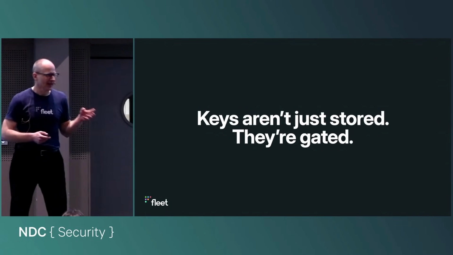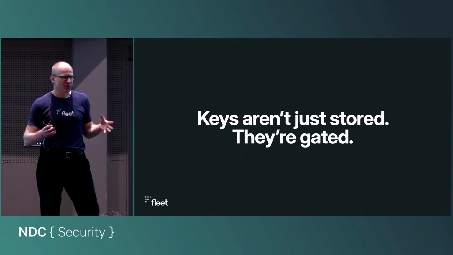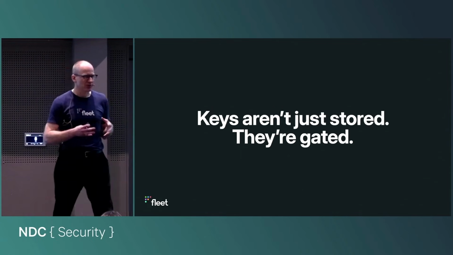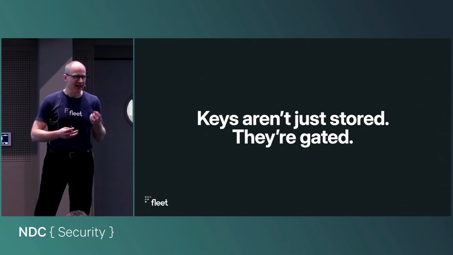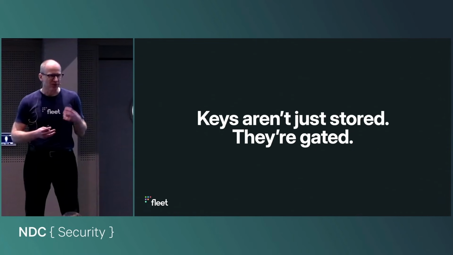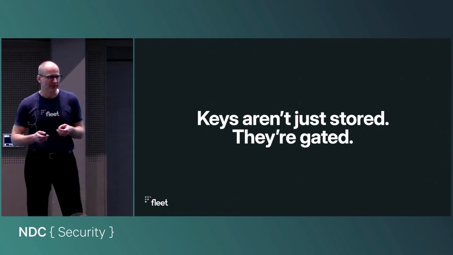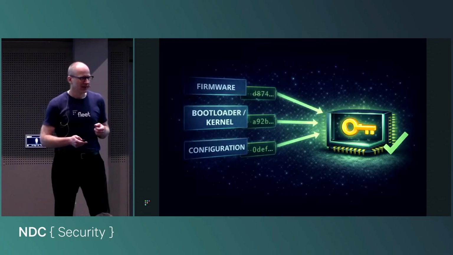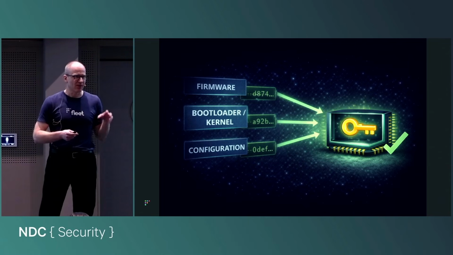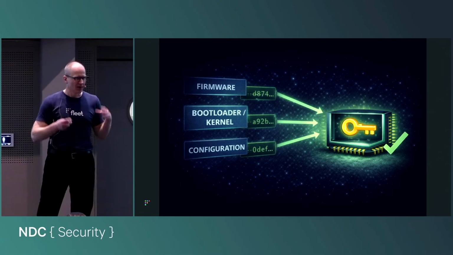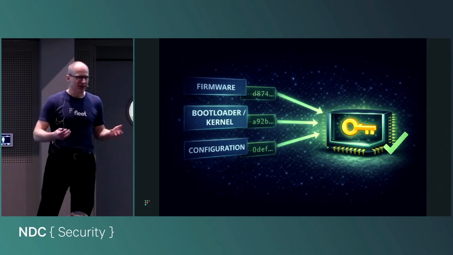Third, sealed and unsealed. Hardware doesn't just hold keys, it controls when they're usable. A key can be sealed, meaning it exists, but it cannot be used yet until specific policy conditions are satisfied. So usage is gated by hardware, not by application logic. Which brings us to the next term, measurement. Measurement is how hardware answers the question, what is the system actually running right now?